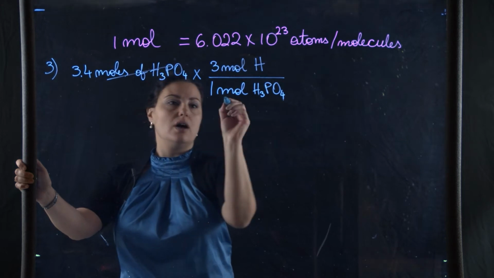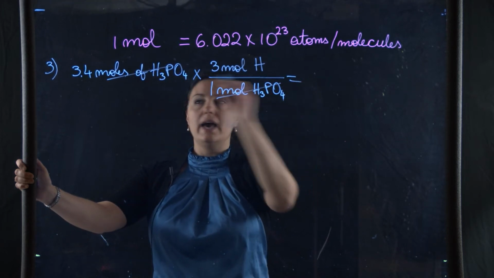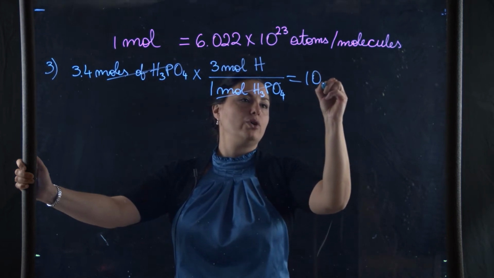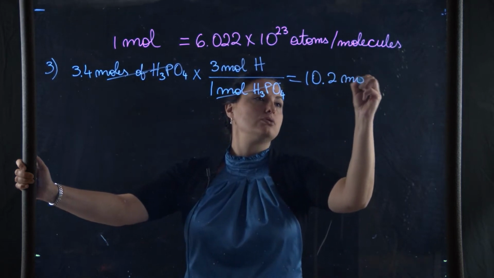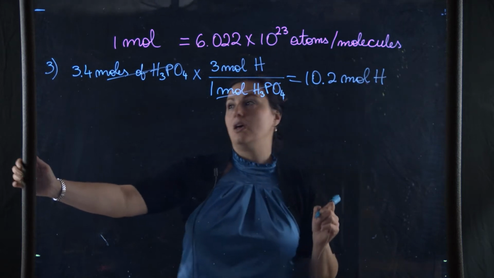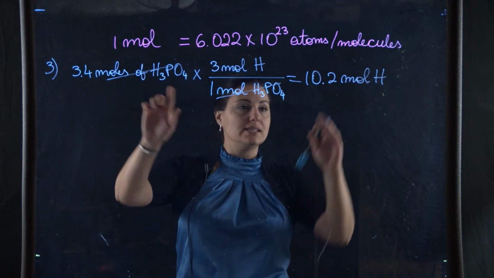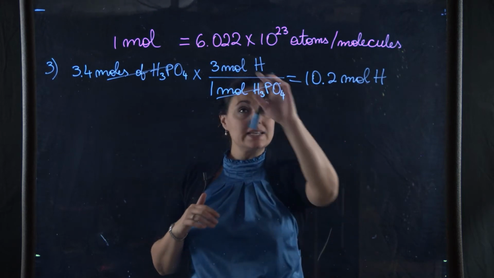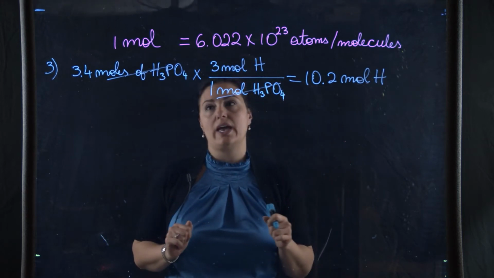The moles of phosphoric acid will cancel, and this will give me 10.2 moles of hydrogen. 3.4 moles of phosphoric acid are equivalent to 10.2 moles of hydrogen because I have 3 times as much hydrogen as I do phosphoric acid.